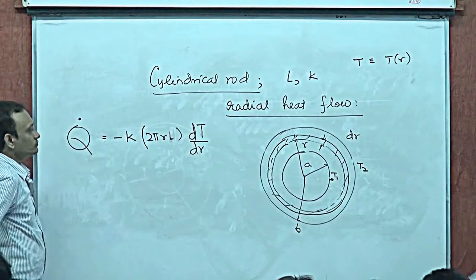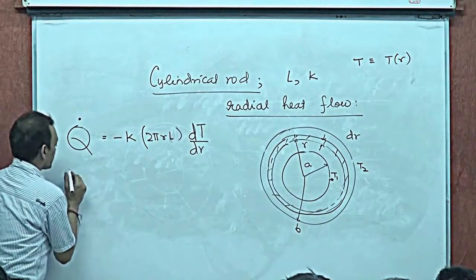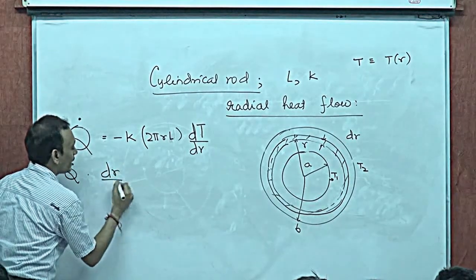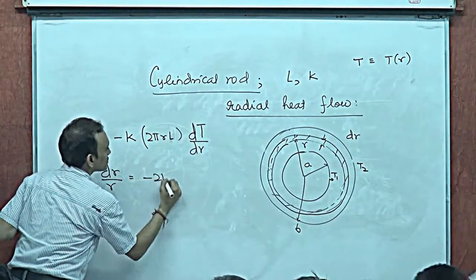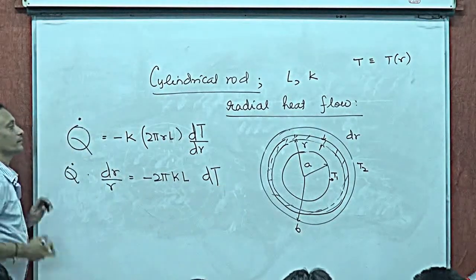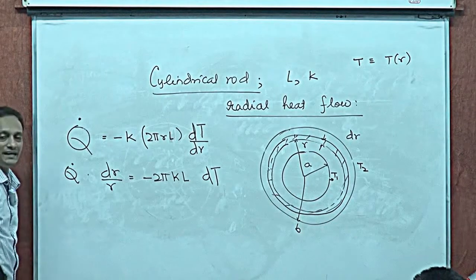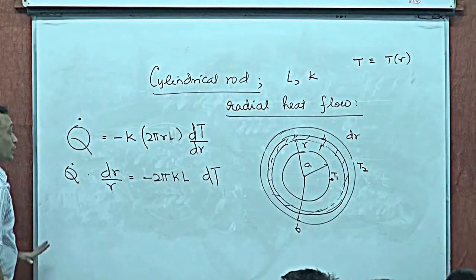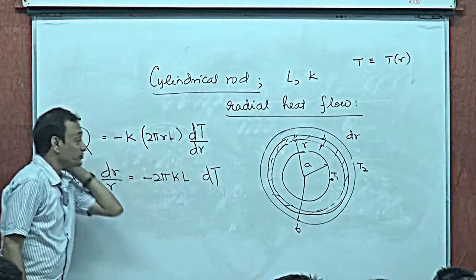Now, can I say Q dot times dr by r is minus 2 pi kl dT? Now let me integrate both sides.